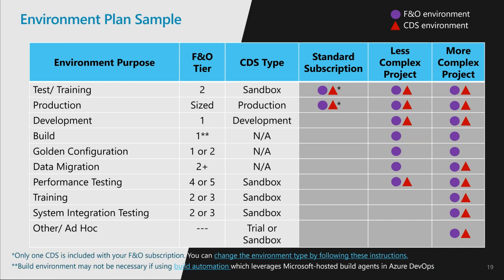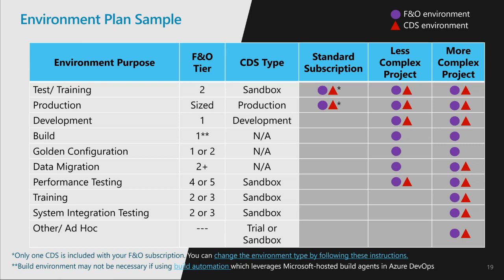As for the development environment, you will need to consider a Tier 1 environment, which has Visual Studio installed for writing code, because the same Tier 1 environment can't be shared by multiple developers at the same time. So make sure you have the same number of Tier 1 environments as developers. For example, if you have 3 developers, then you need 3 development environments.